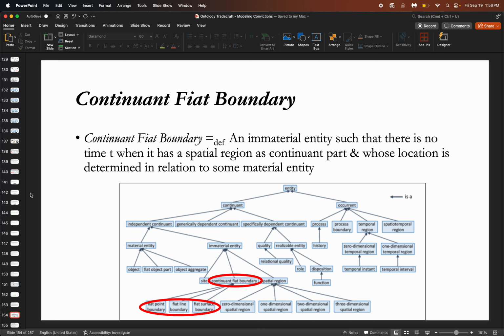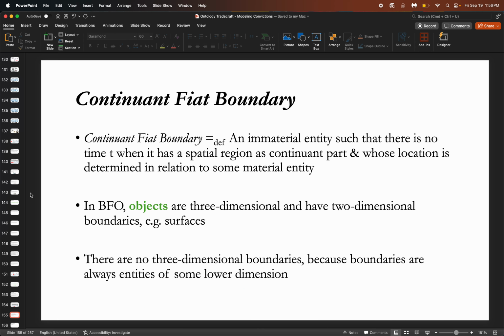One of the subclasses here was identified as continuant fiat boundaries. An immaterial entity such as this is not a spatial region, but a continuant part whose location is determined in relation to some material entity. So boundaries, their location is determined in relation to some material entity.